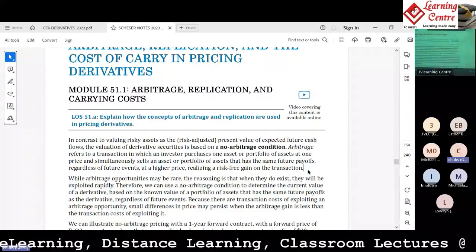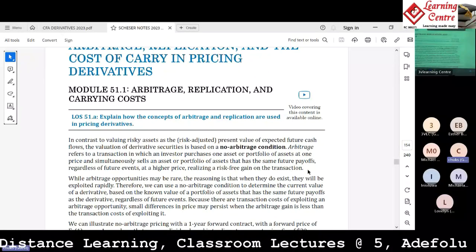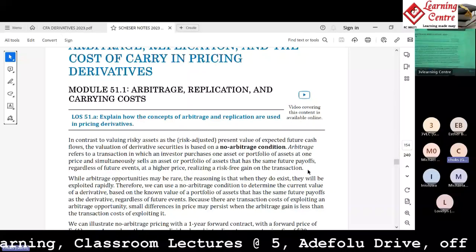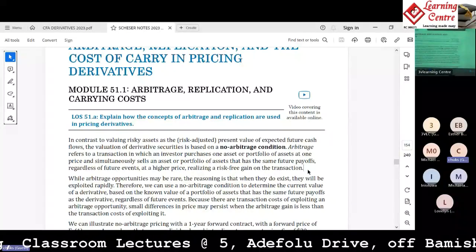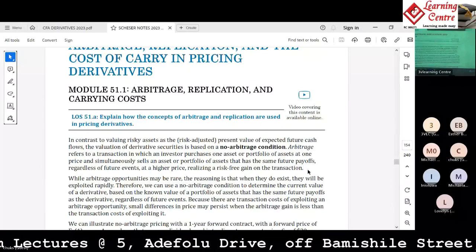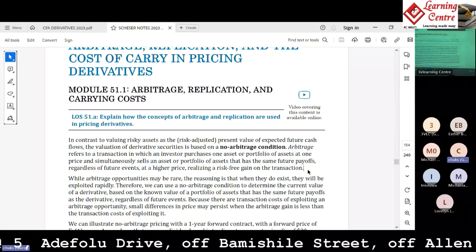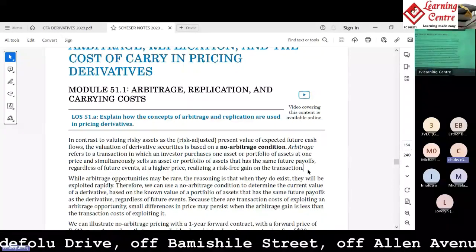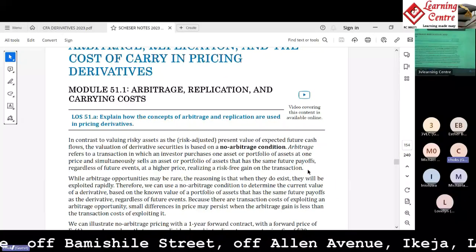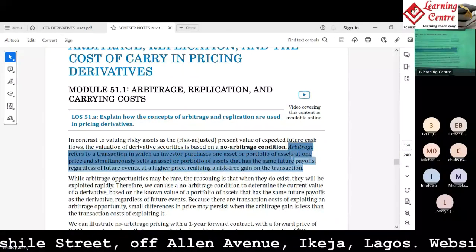As they are coming in, they are reducing the profit that is available to be made in that market. So once there is an abnormal profit to be made in the market, people start taking actions because everybody cannot see profit and not take action. They start moving towards enjoying that profit until that profit disappears and then the market goes back to perfect information. Let's put it that way. So that's what arbitrage is saying, basically.